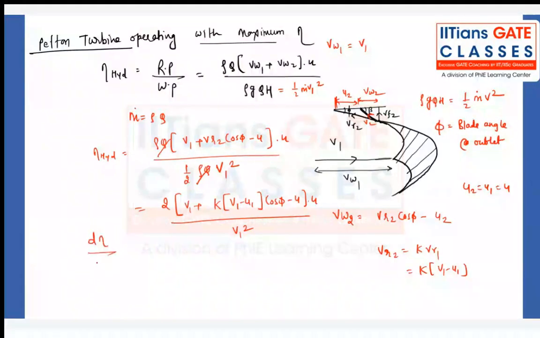Now you differentiate this hydraulic efficiency with respect to u, and try to equate it to 0.